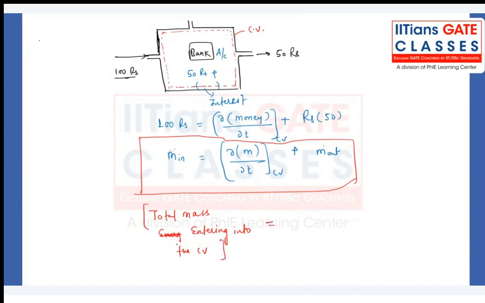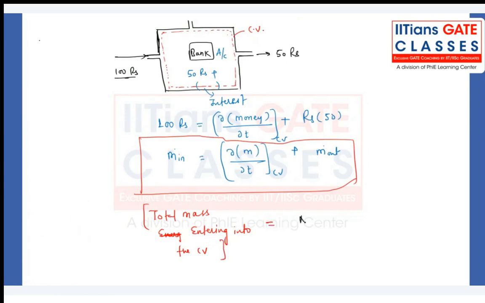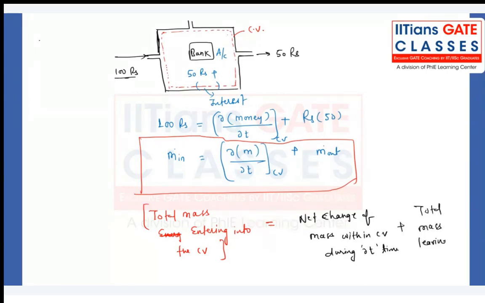is equal to the net change of mass within the control volume, within the bank, during delta t time period, plus total mass leaving the control volume during delta t.